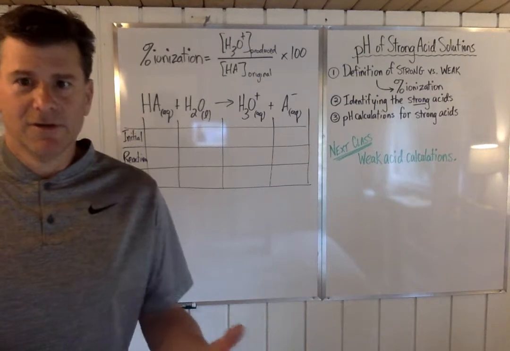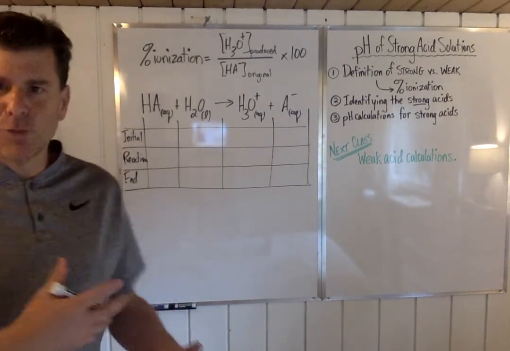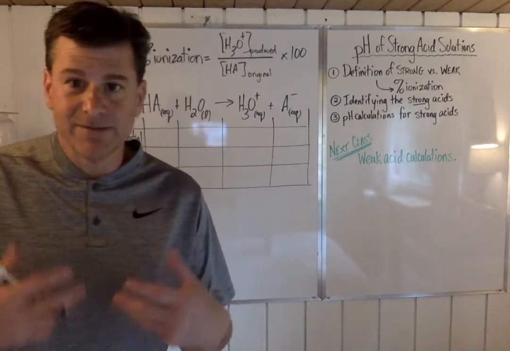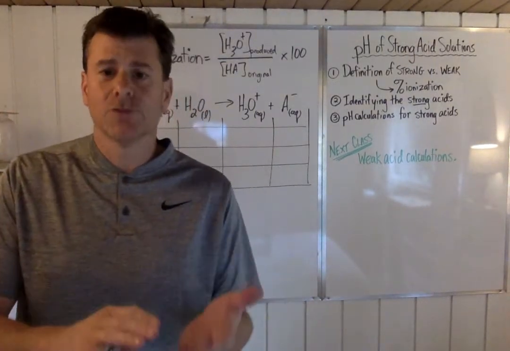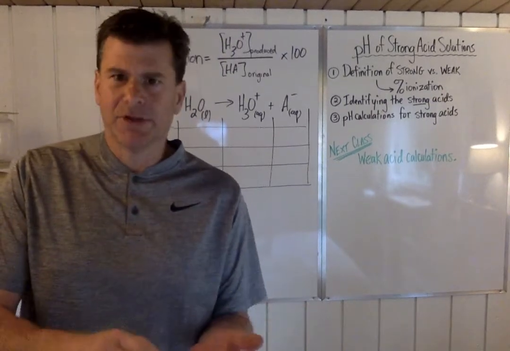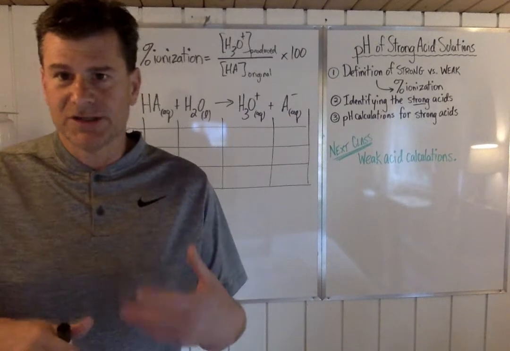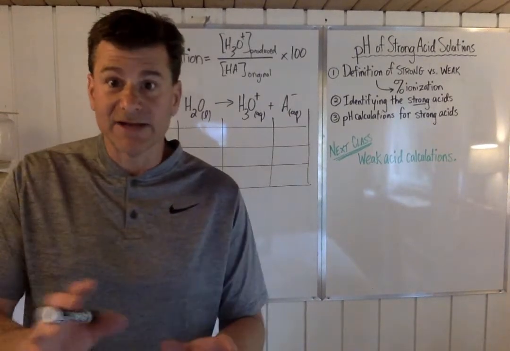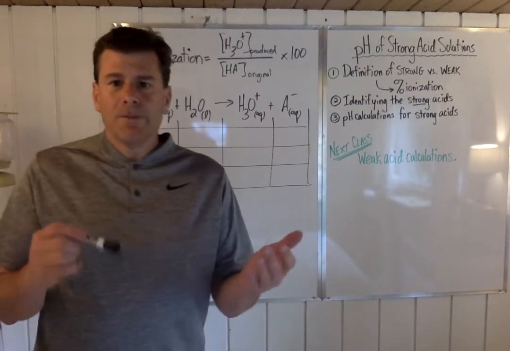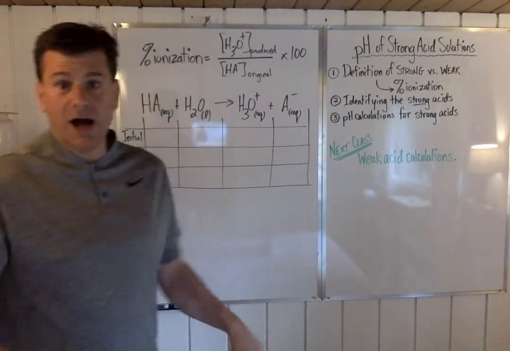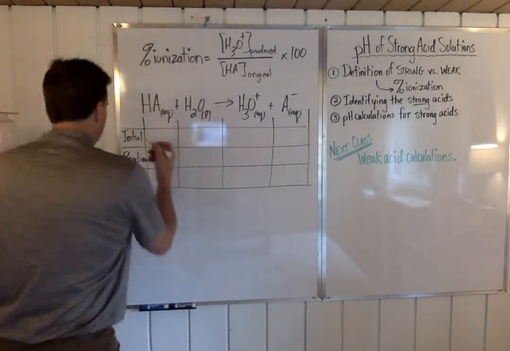If you haven't, I'm not quite sure what's been going on, but the words that are used might be slightly different. In my class, I use the words initial, I use the words reaction, and then typically I use the words equilibrium. I'm using the word end here just to signify, okay, at the end for our calculation, just for me to demonstrate this point. So let's pretend I take a kind of random number.